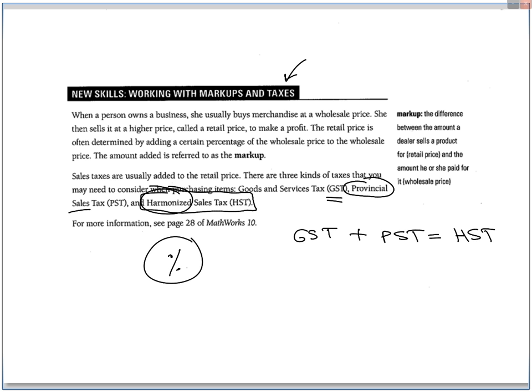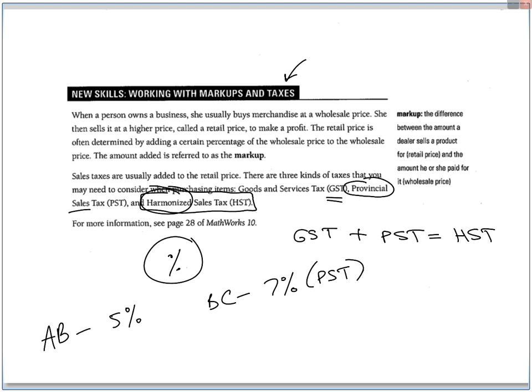Okay, so like in Alberta, you just pay 5% on whatever goods you purchase. Now I'll just look up the PST in BC. And it says that the PST is generally 7% in BC.